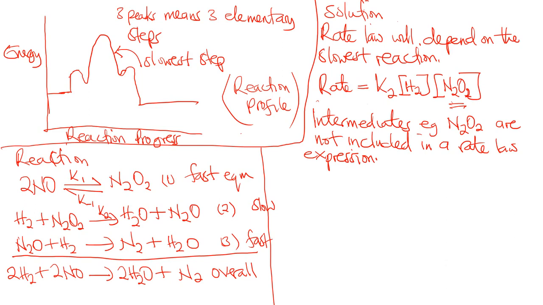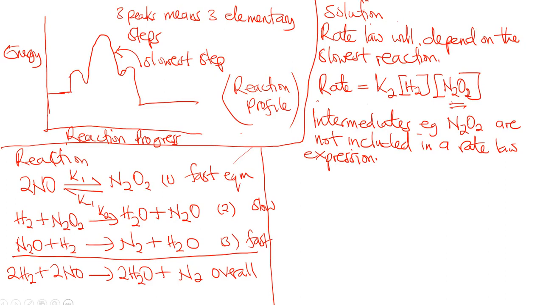So how do we get rid of this intermediate? Why is N2O2 an intermediate? Because it is not found in the overall chemical reaction. That's why it is an intermediate. Now we need to find a way to get rid of N2O2.